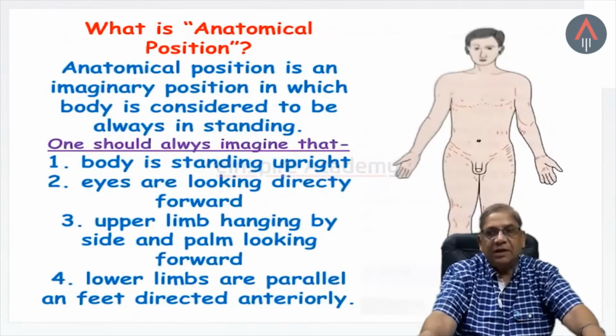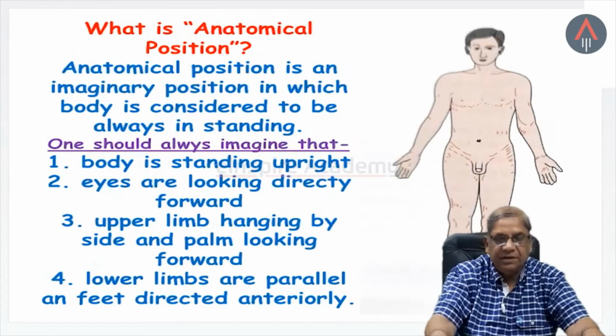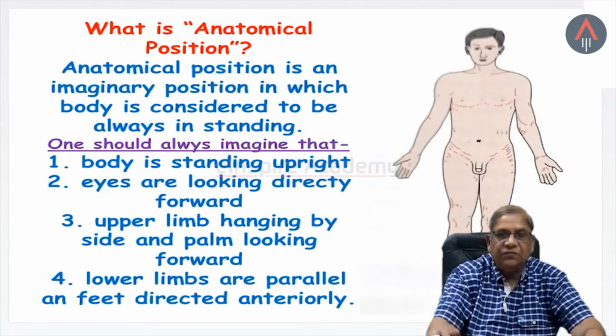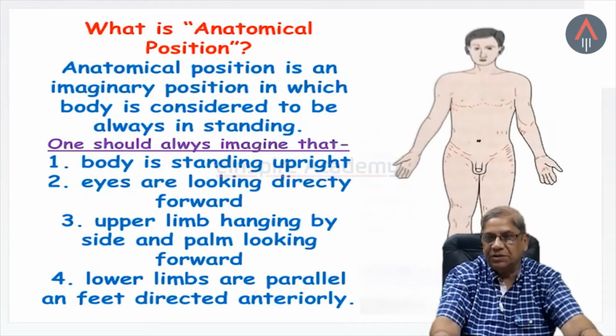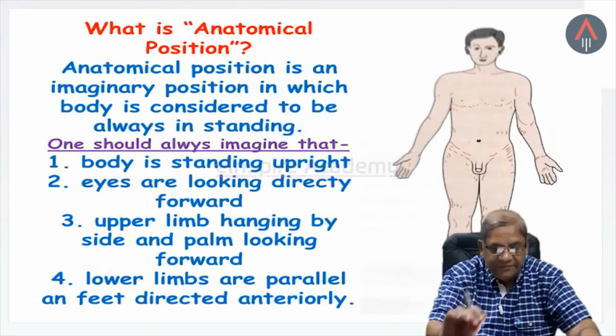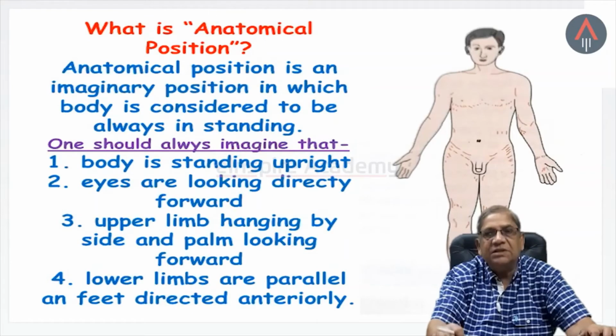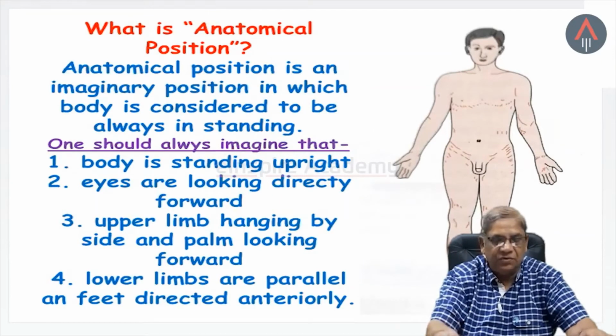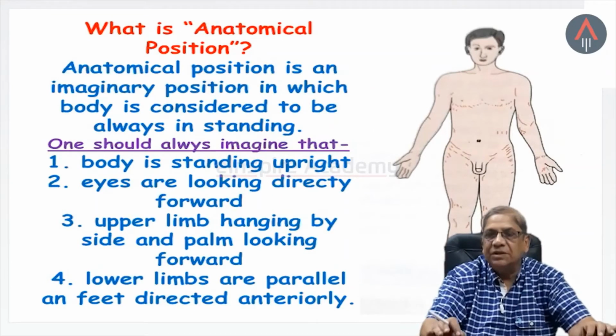Coming to the first point of today's lecture: what is the anatomical position? Let's first learn what the anatomical position is, and then I will explain its significance, why you have to learn the anatomical position as your first lesson in gross anatomy.